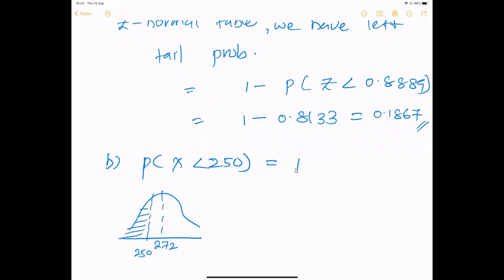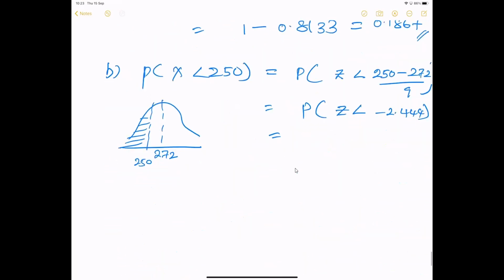Therefore, like previous, we have to convert into standard normal. 250 minus 272 is minus 22, divided by 9, so this one should be minus 2.444. So this area we have 0, this one is minus 2.444. This area we ask, by using the standard normal table.